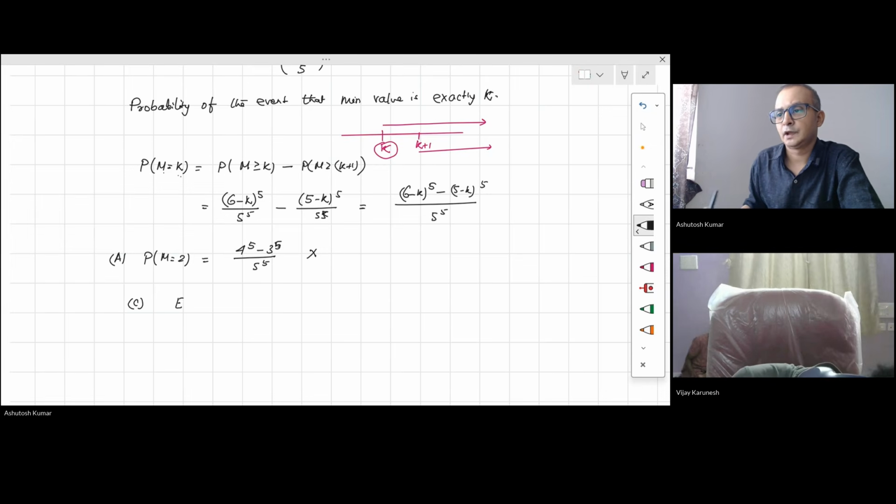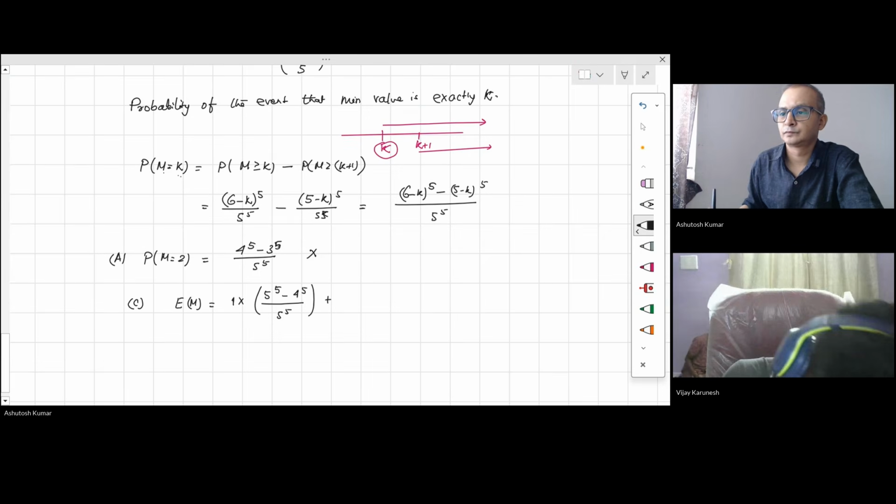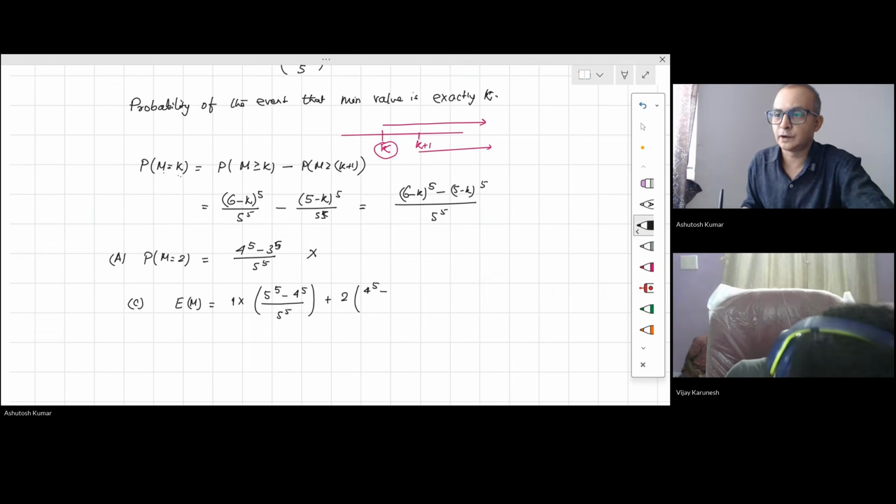So expectation of M is nothing but 1 into, and we substitute 1 there, so 5 to the power 5 minus 4 to the power 5 divided by 5 to the power 5, plus 2 into 4 to the power 5 minus 3 to the power 5 by 5 to the power 5.